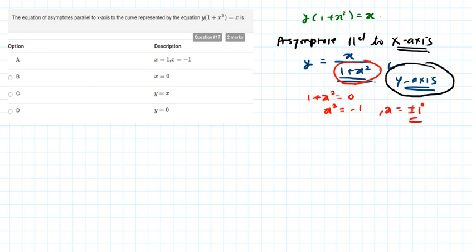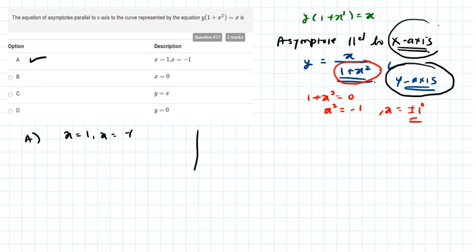But our question is not to find the asymptote parallel to the y-axis. We need to find the asymptotes parallel to the x-axis, so we will find them using the options directly. If we see option A, x is equal to 1, x is equal to minus 1.